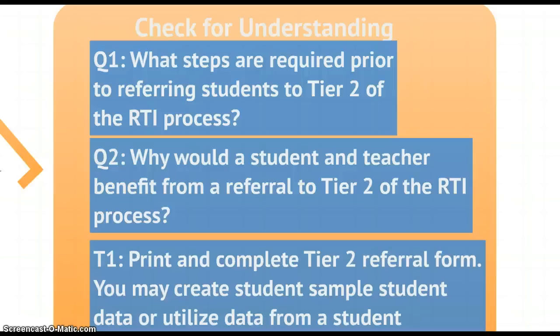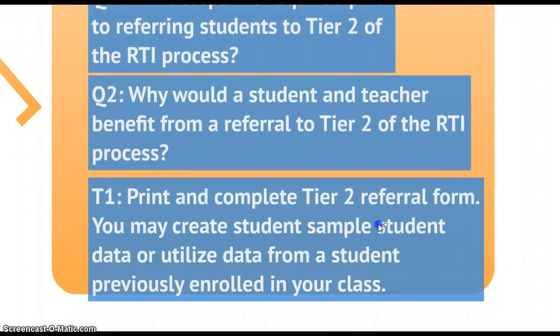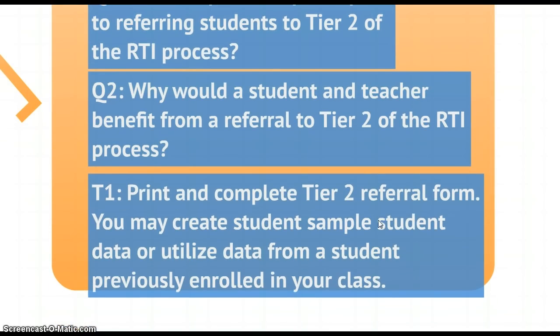Why would a student and teacher benefit from referring students to Tier 2 of the RTI process? And then your task. I would like for you to, if possible, print and complete the Tier 2 referral form based on a student that was previously enrolled in your course. And see if you can't complete that referral form based on that data.